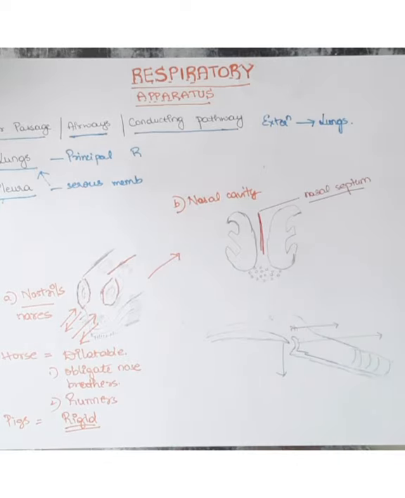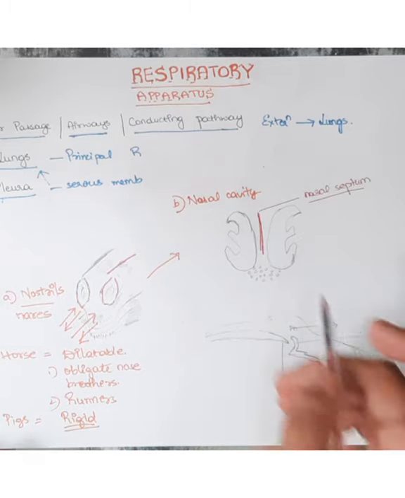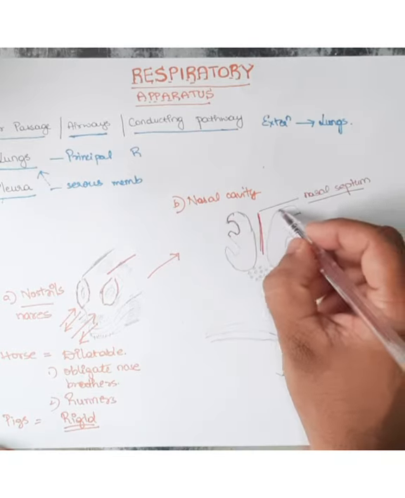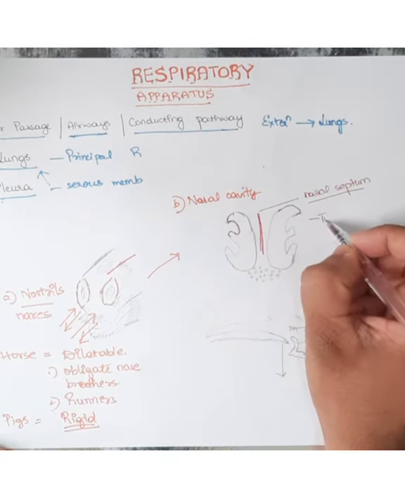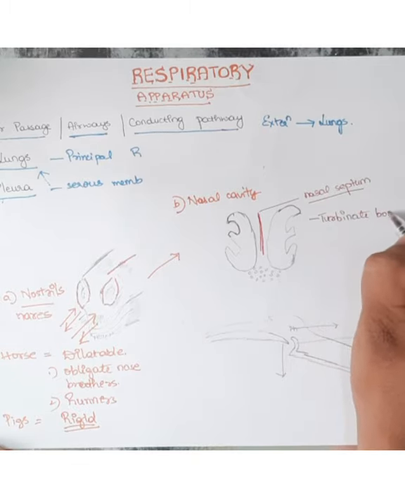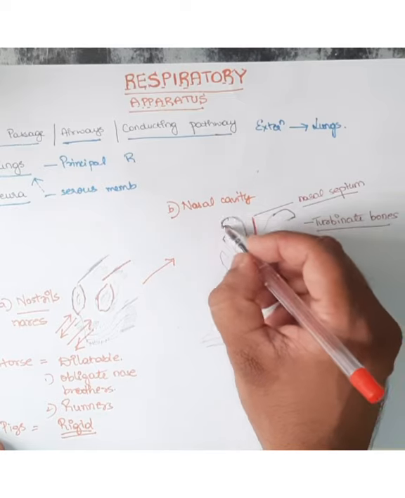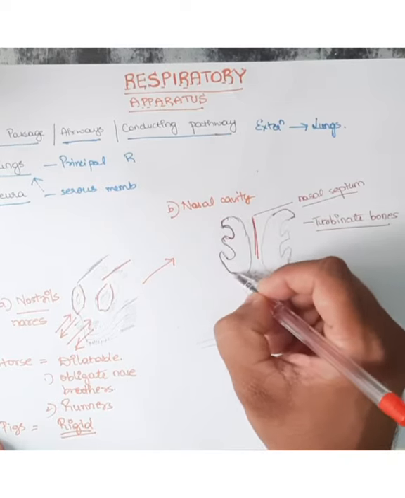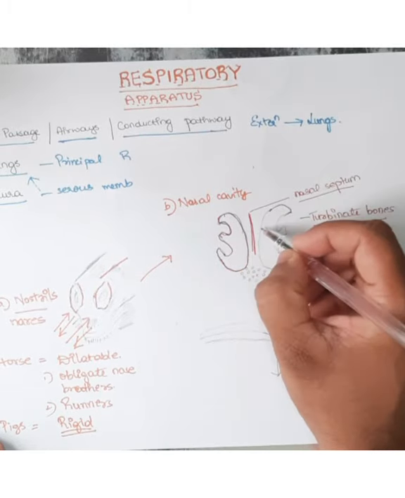The hard and the soft palate separate this nasal cavity. And it contains what are referred to as turbinate bones, which are lined by the mucous membrane.